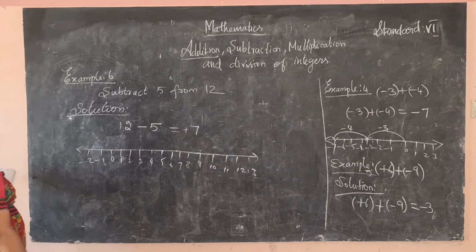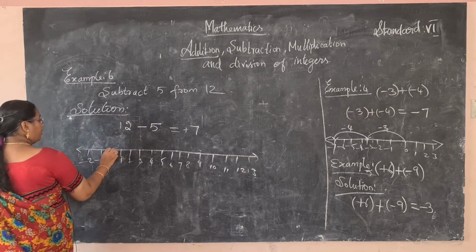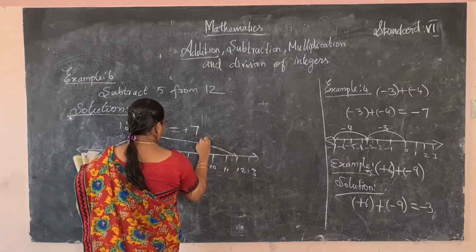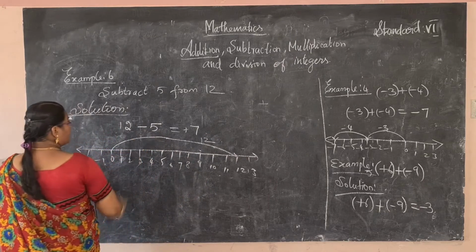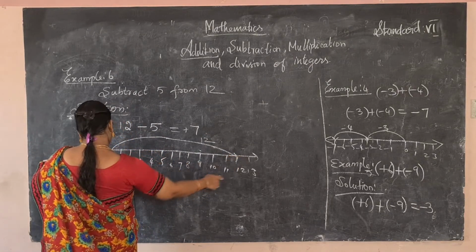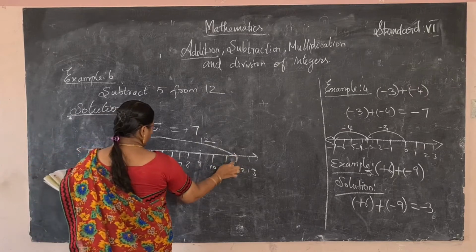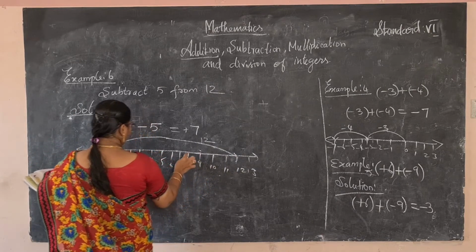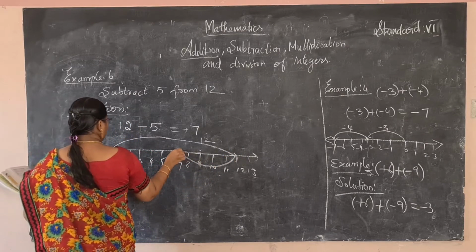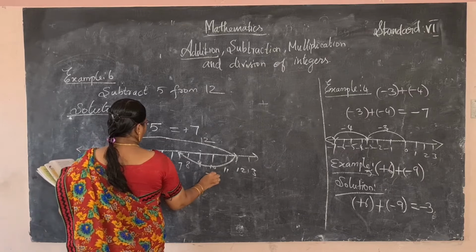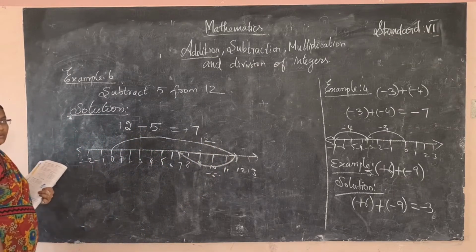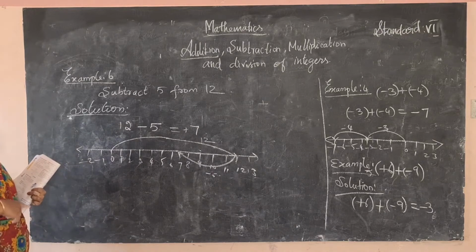First, 12 from 0. This is 12. Okay, minus 5, so from 12 we move back 5 units: 1, 2, 3, 4, 5. So minus 5. 12 minus 5, what do we get? 7.